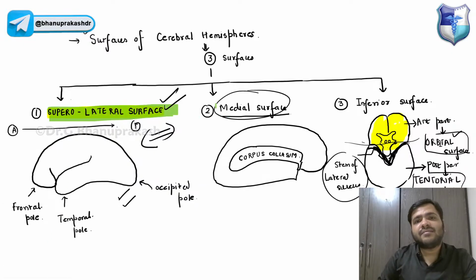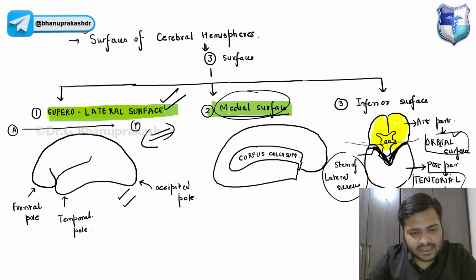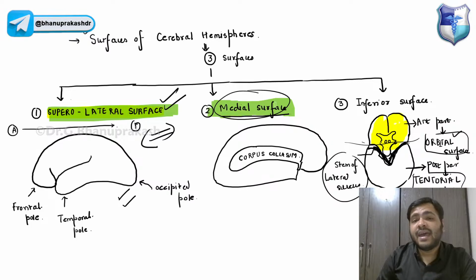Now we will be discussing the medial surface, and some important gyri, sulci, and motor or sensory areas in the medial surface.